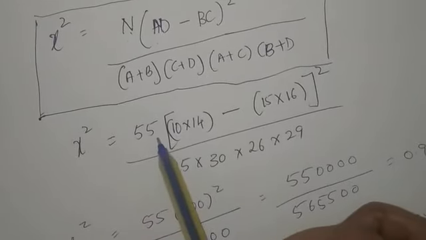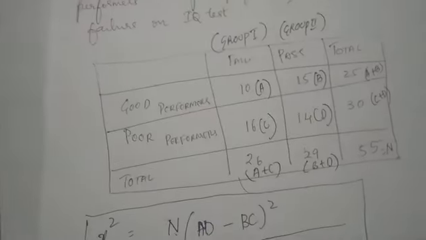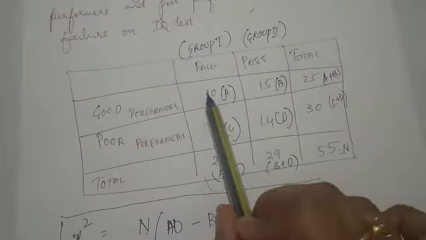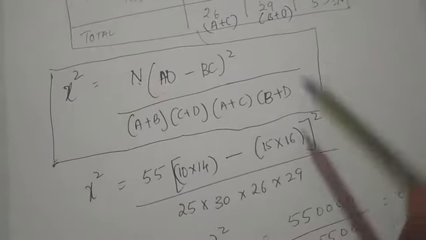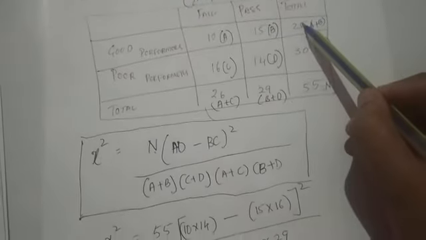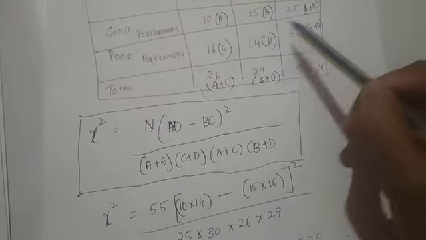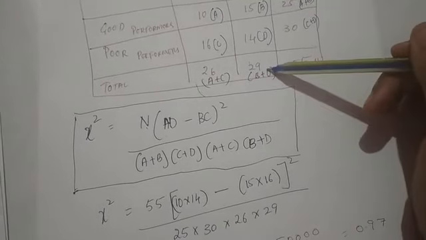Chi-square is equal to 55 into 10 into 14 minus 15 into 16 whole square, divided by 25 into 30 into 26 into 29.